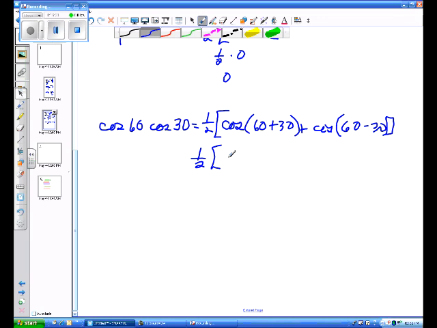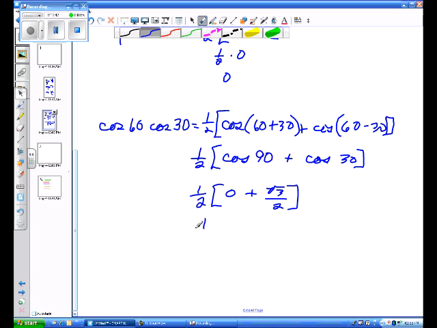So that's going to be 1/2 times the cosine of 90 plus the cosine of 30. Now, the cosine of 90 is 0. The cosine of 30 is square root of 3 over 2. So we have 1/2 times the square root of 3 over 2, which is the square root of 3 over 4.